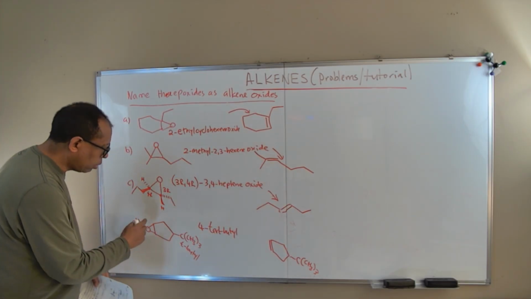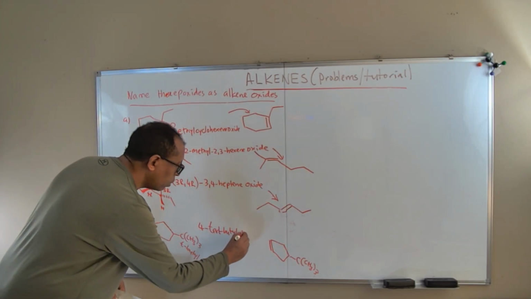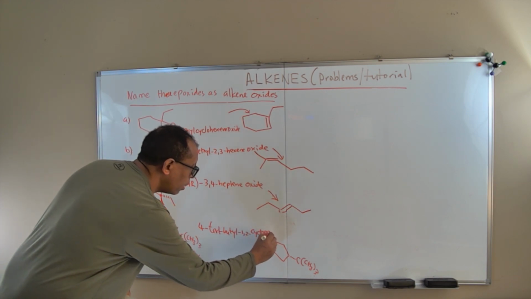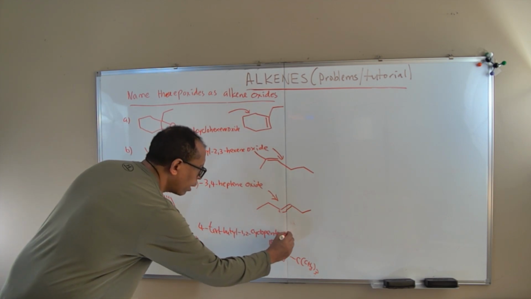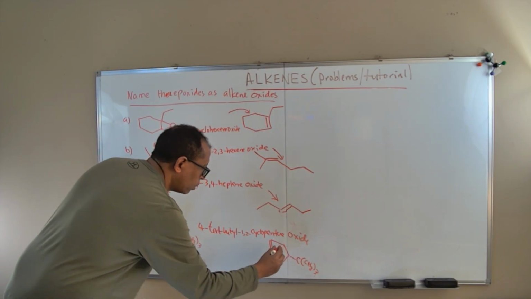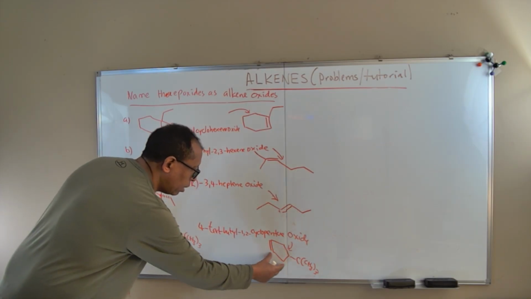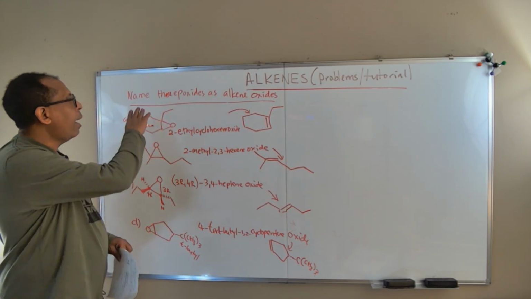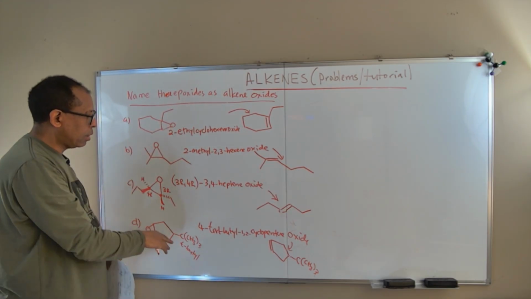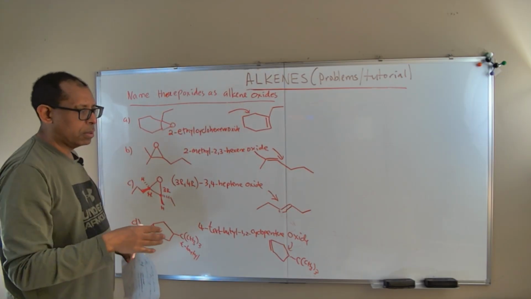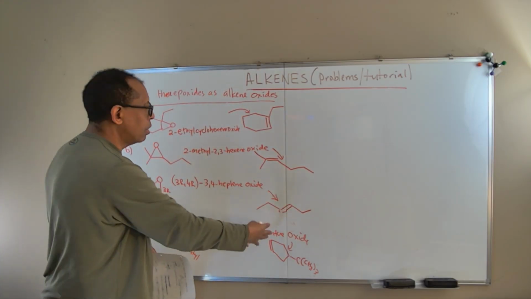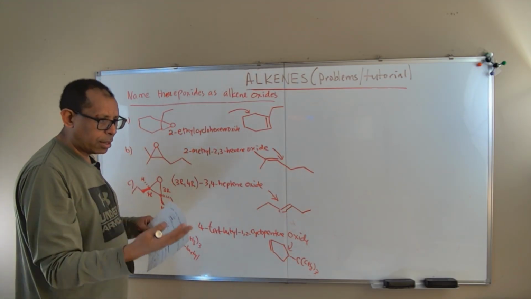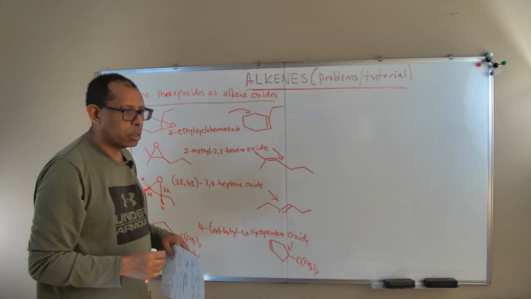This is a 1, 2 cyclopentene oxide. So this is a cyclopentene that gave rise to this epoxide. So this is how the epoxides are named as alkene oxide, because they are derived by synthesis from the cycloalkene. You can convert it to epoxide. That is the context of this question.